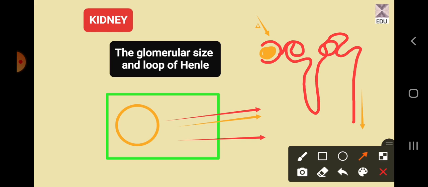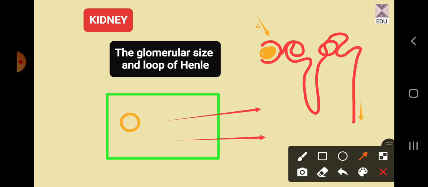To conserve the water, the glomerulus size will decrease. If you have a narrow, small glomerulus, a small filtrate will be formed and less urine will be given out.